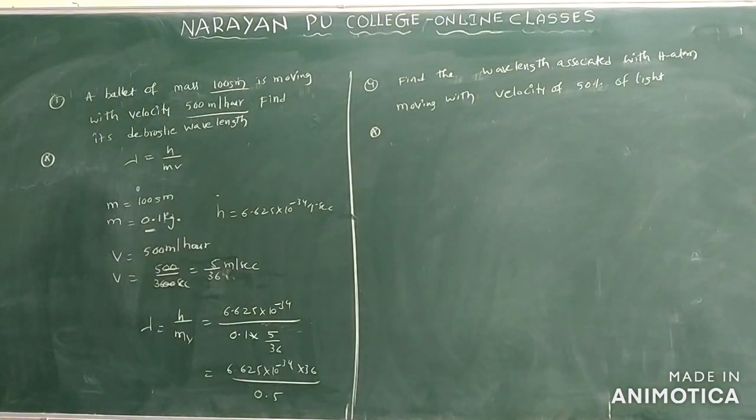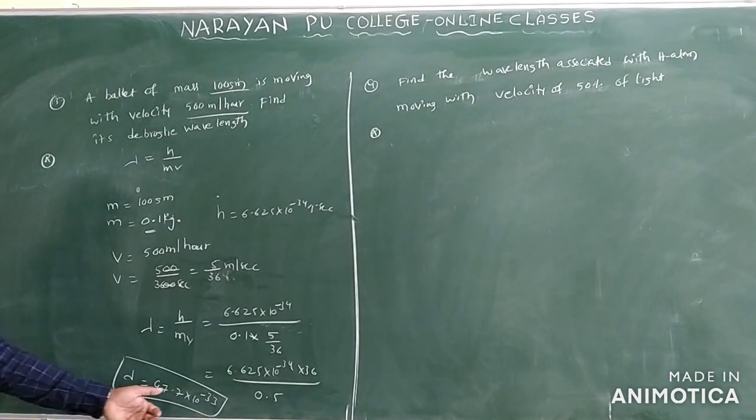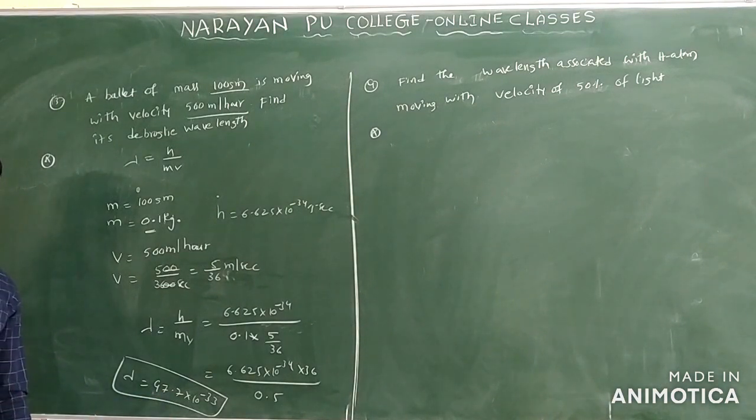Clear? If we do the calculation, we will get the value 47.7 into 10 power minus 33. This is the wavelength for this question.